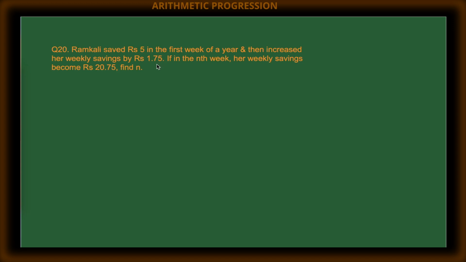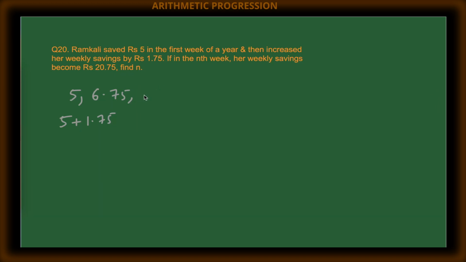So first week she saved 5, then in the next week she saved 5 plus 1.75, increasing her weekly savings. Whatever was earlier, she increased by 1.75. So if it was 5, it becomes plus 1.75, so it becomes 6.75. What about the third week?